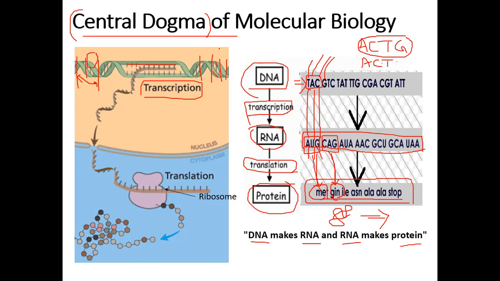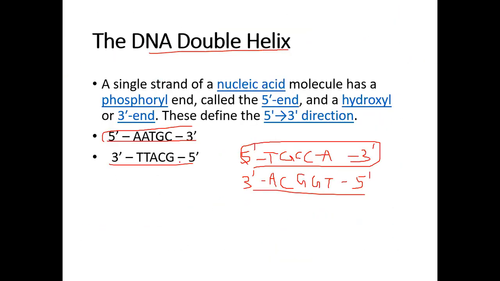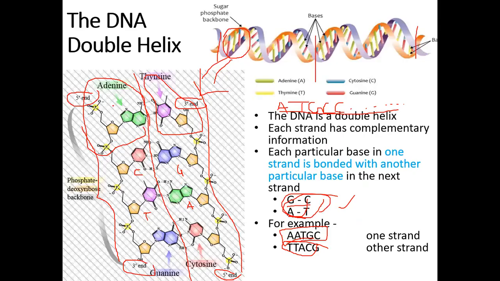A always converts to U? No, not always. A is not converted actually. If you look at the DNA double helix, this is called a double helix because you can see two helixes get together and form a spiral shape.